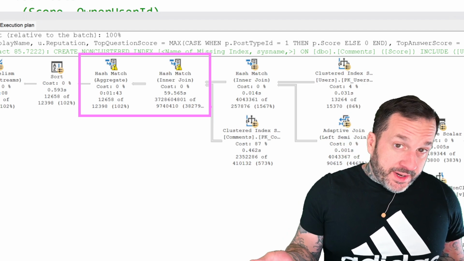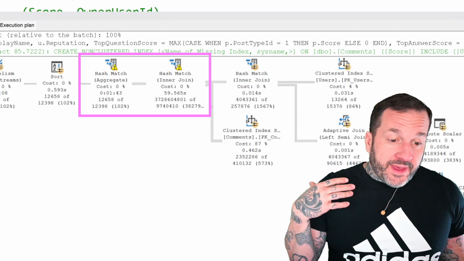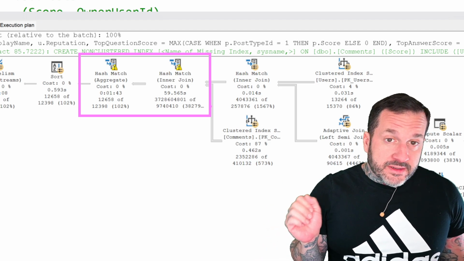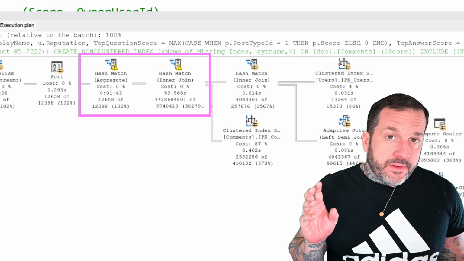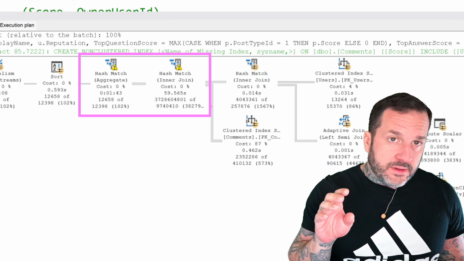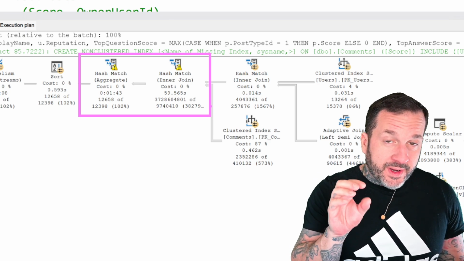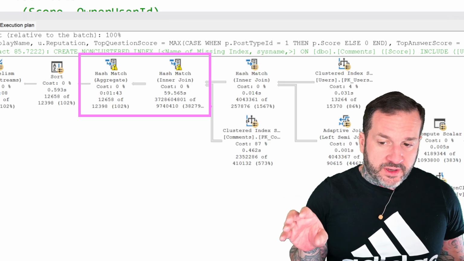In batch mode execution plans, where they differ from row mode execution plans is that in row mode, parent operators also show the time that their child operators executed for.